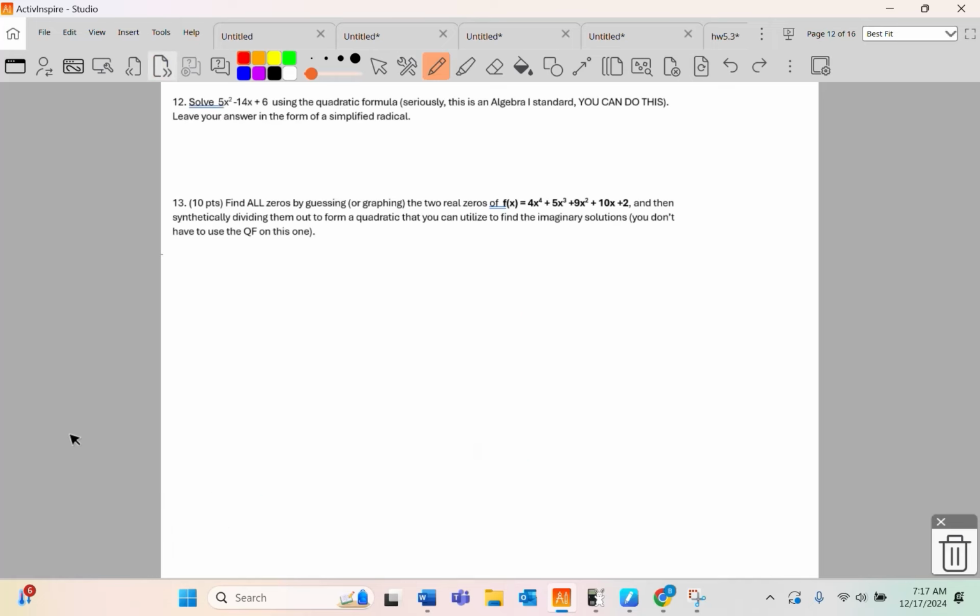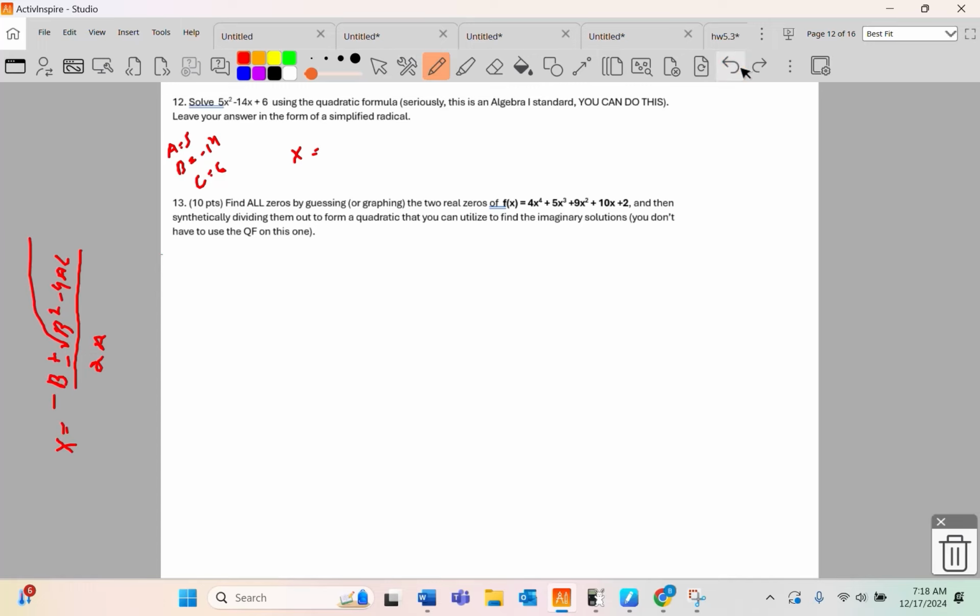Moving forward, solve using the quadratic formula. It's an Algebra 1 standard, by the way, you can do that. So the quadratic formula is x equals negative b plus or minus the square root of b squared minus 4ac, all over 2a. A is 5, b is negative 14, and c is 6.